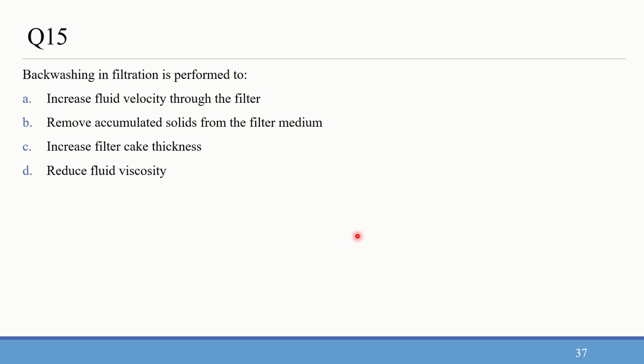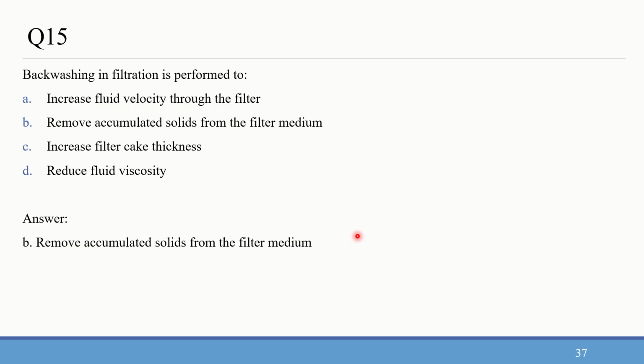What happens in backwashing is that we remove accumulated solids from the filter medium. We use a high velocity flow of water, and thereby the filter media gets fluidized, and we expand the bed and flush out the trapped solids.